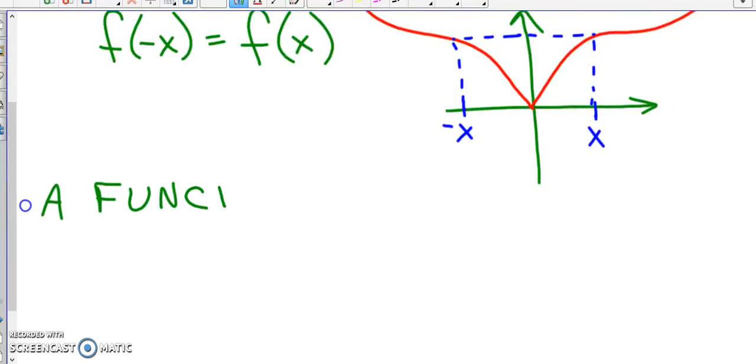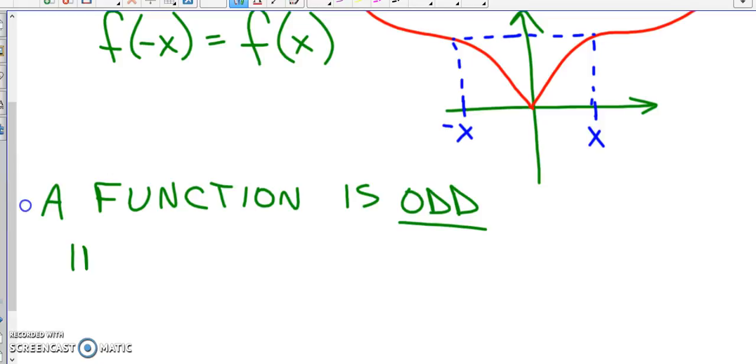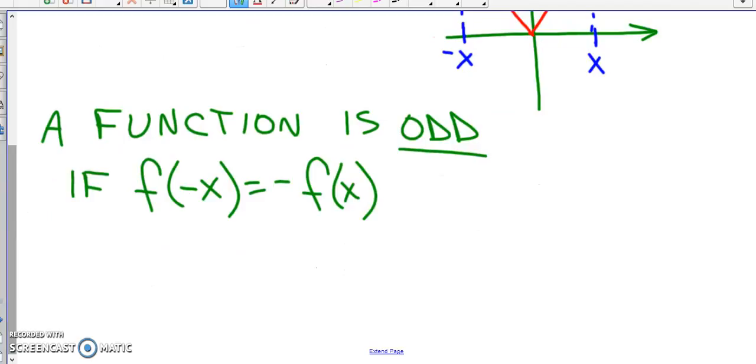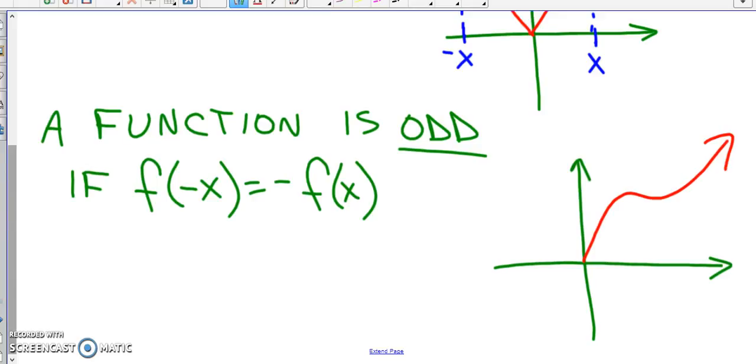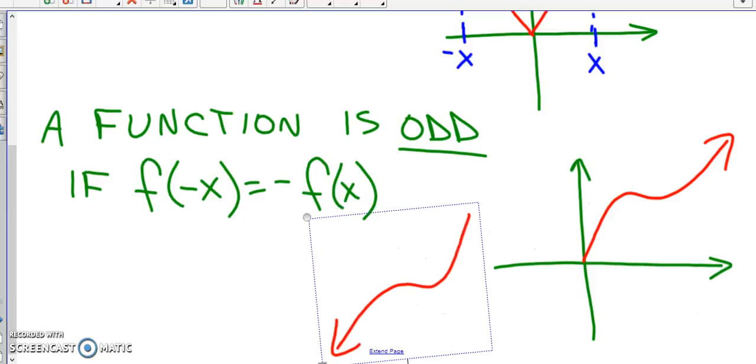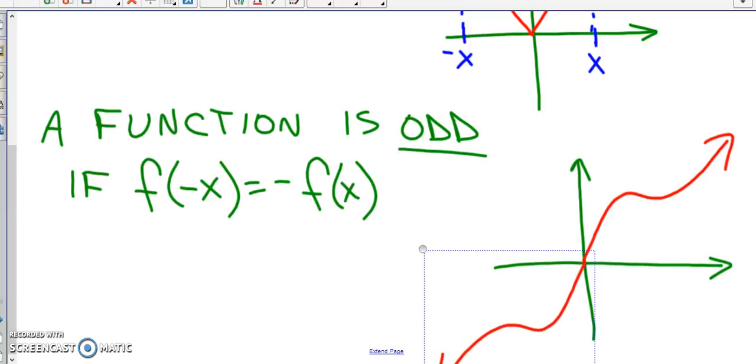A function is odd, or has odd symmetry, if f of negative x equals negative f of x. Chances are I drew this picture, because I draw almost the same picture every time I teach this.